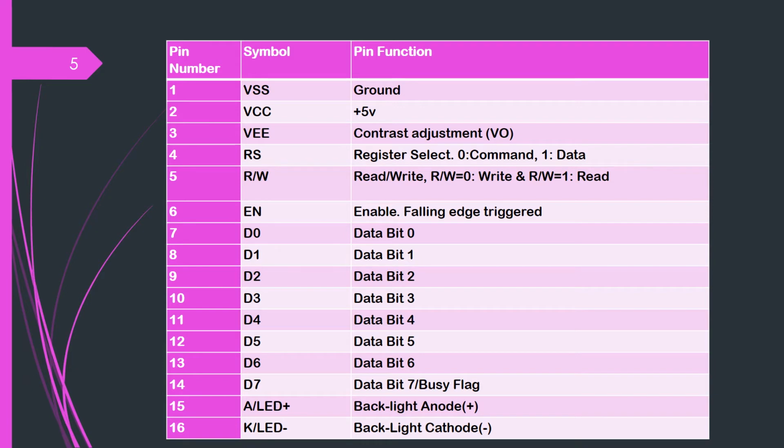These are all the pins which I have clubbed together: backlight anode and backlight cathode. These two connections are made to pin numbers 15 and 16. And for adjustment purposes, VE contrast adjustment, enable falling edge triggered, and data bit 7, that is the busy flag.